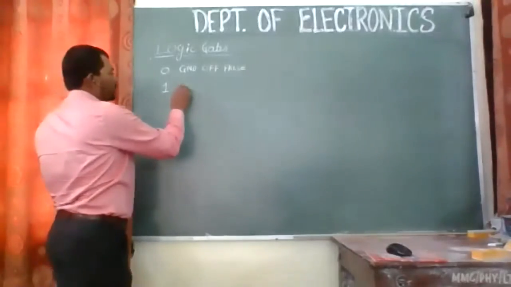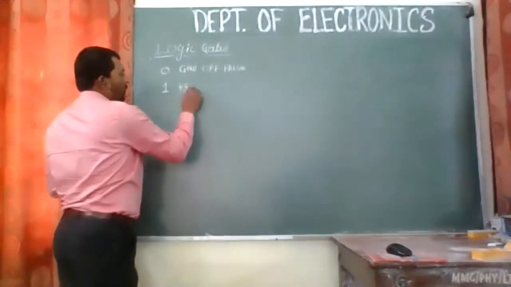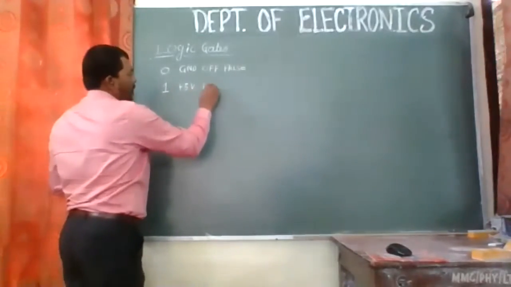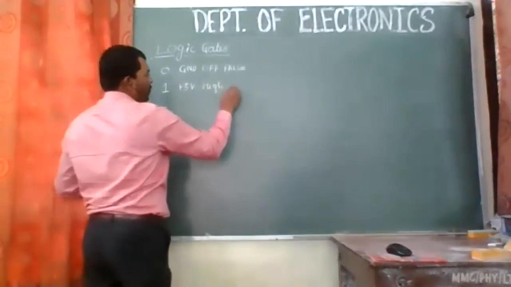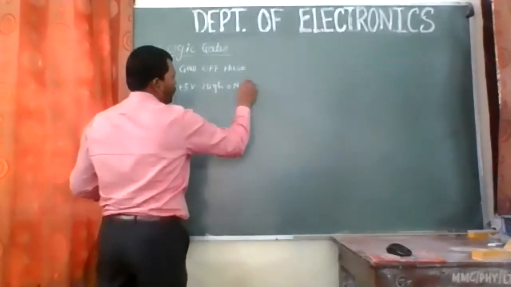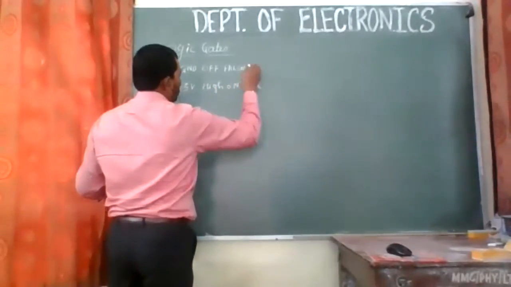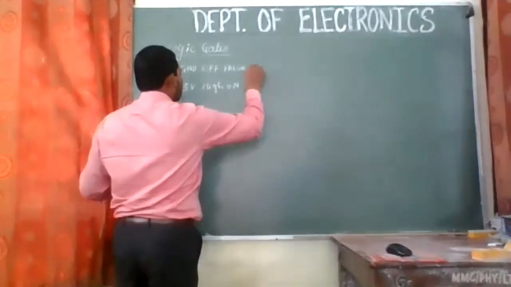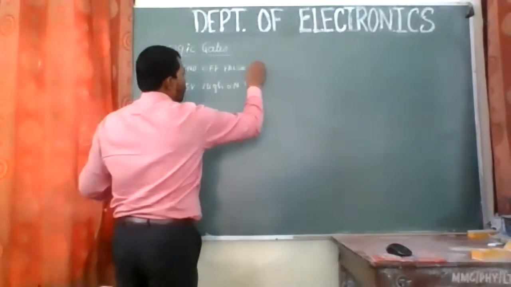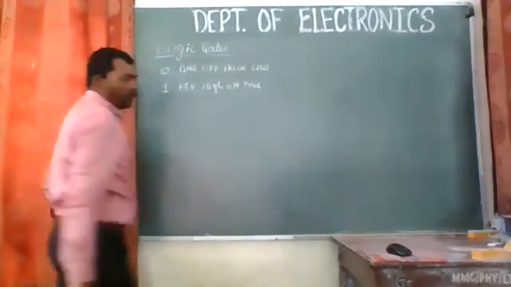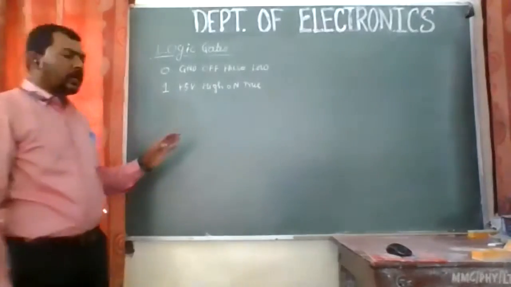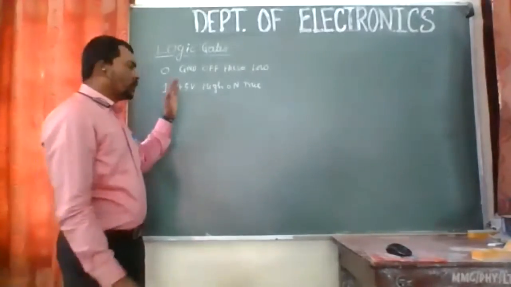One is plus 5 volt, high, or on, or true. And for zero there is also the term low. These are the terminologies related to that, and while writing, we will be using those terms.